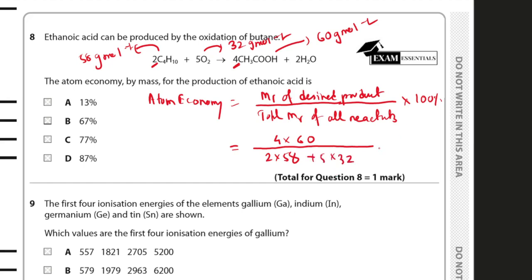Eventually if you multiply it by 100%, you'll get an answer of 86.96%. You can write it down as 87%. So our answer would be option D down here.